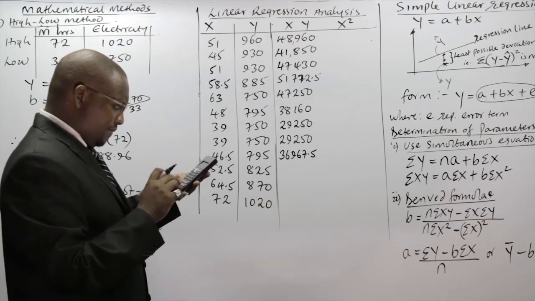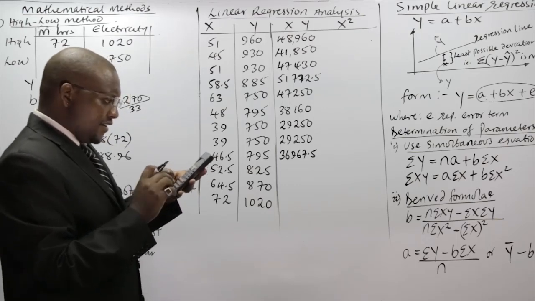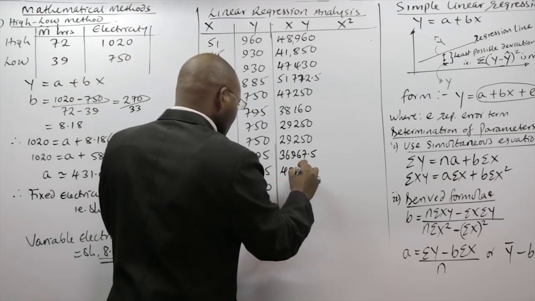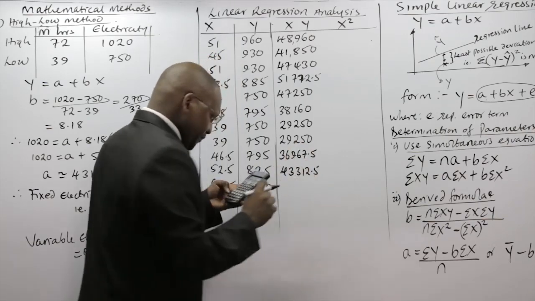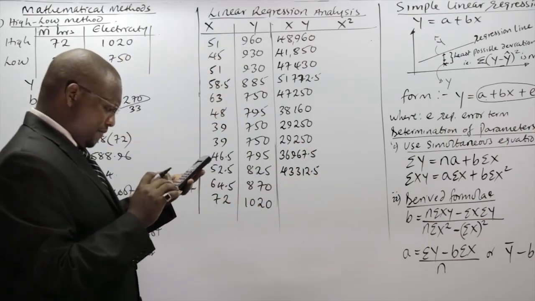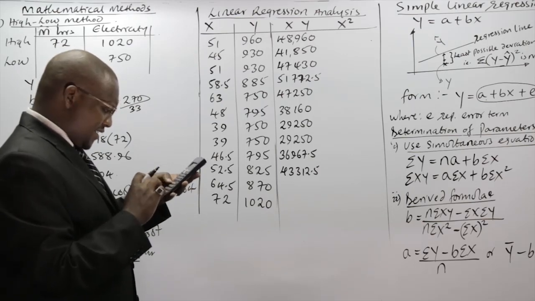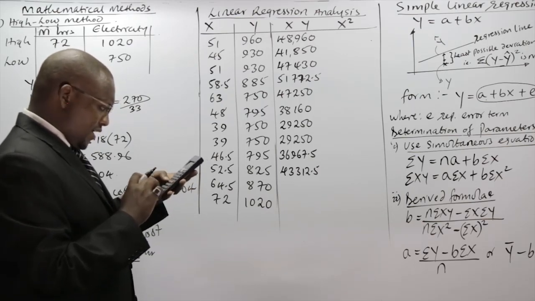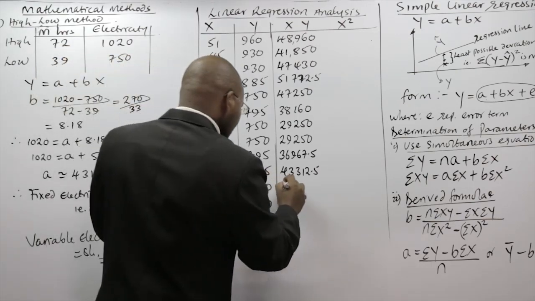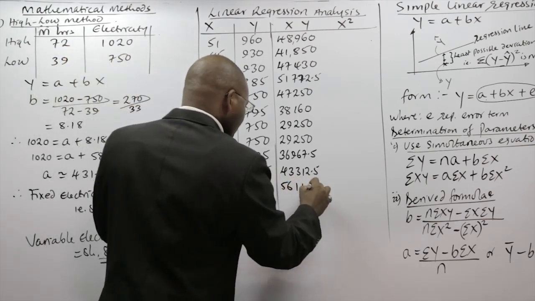52.5 times 825 will give me 43,312.5. Then we have 64.5 times 870, which will give me 56,115.